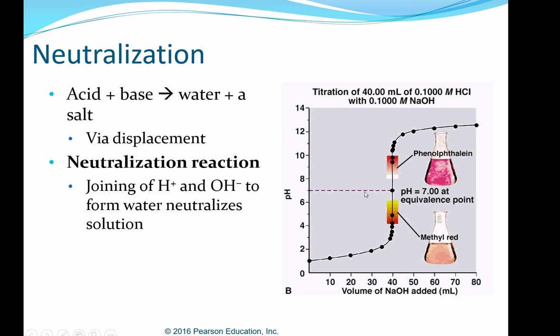These are displacement reactions that result in the production of water and some sort of salt. It kind of neutralizes or pulls the teeth out of the acids and bases, because anything that's too acidic or too basic can harm our body.